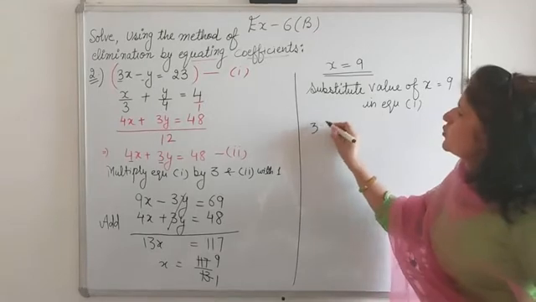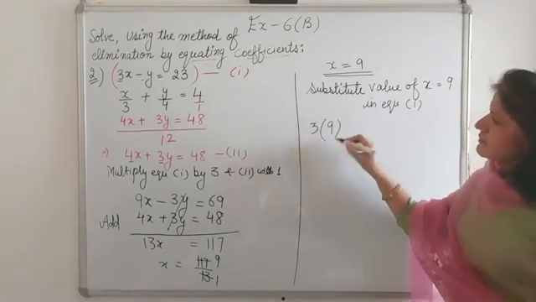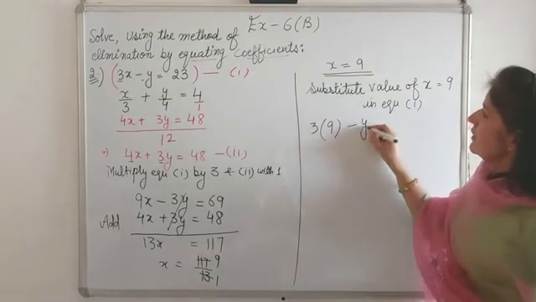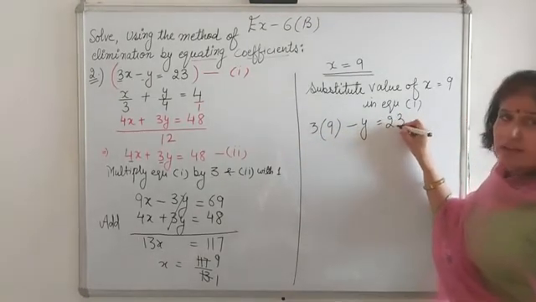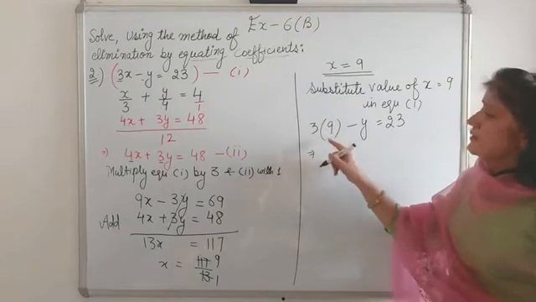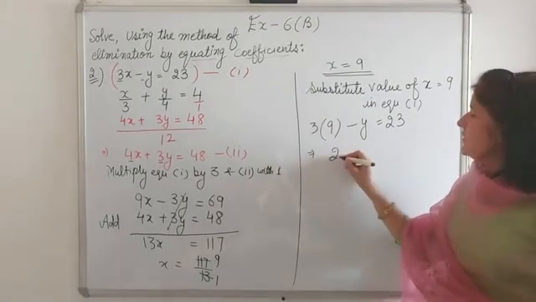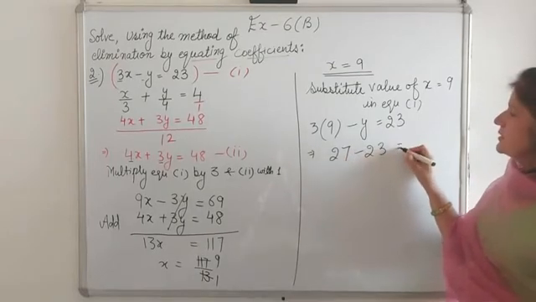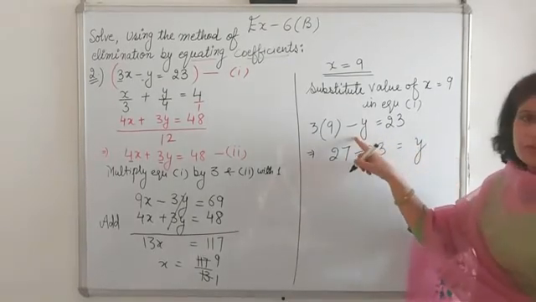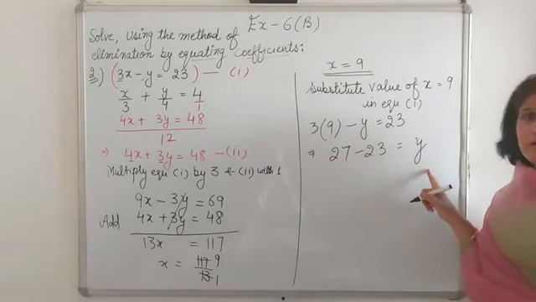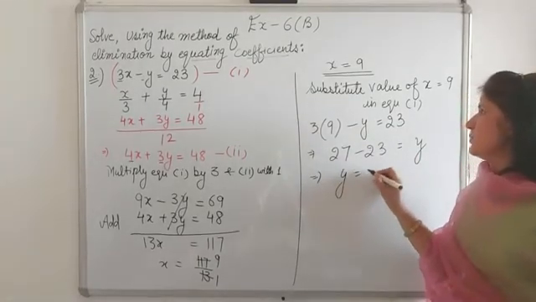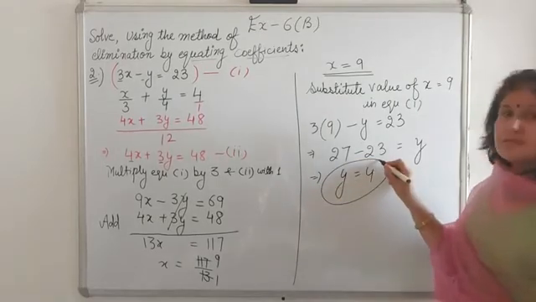So 3 into x you have to substitute as 9 minus y is 23. 9 3s are 27. This we bring this side is equal to y, because y here it was minus, come here in plus. What will come? Y is 4, and this is the second answer.